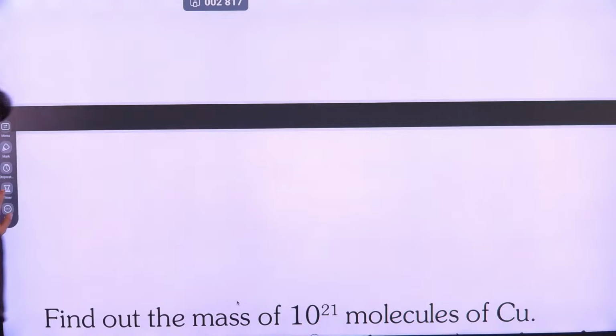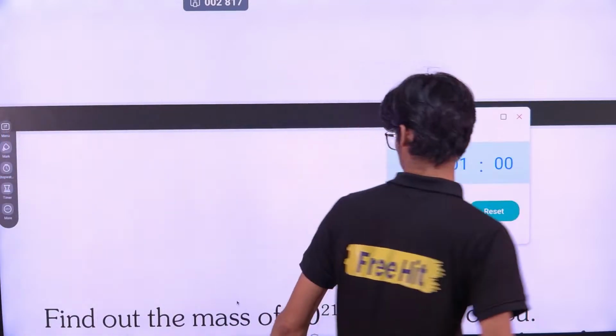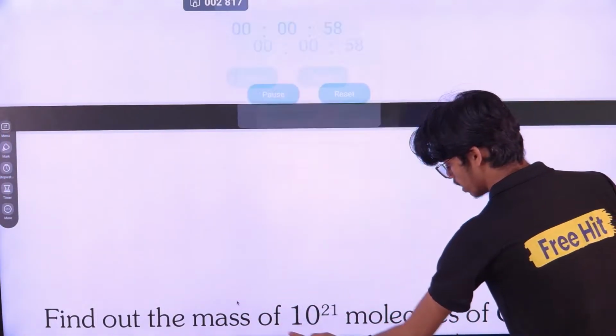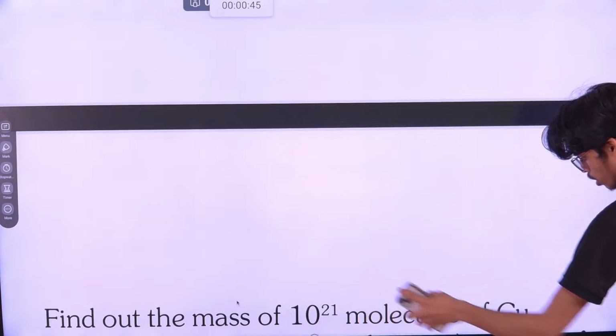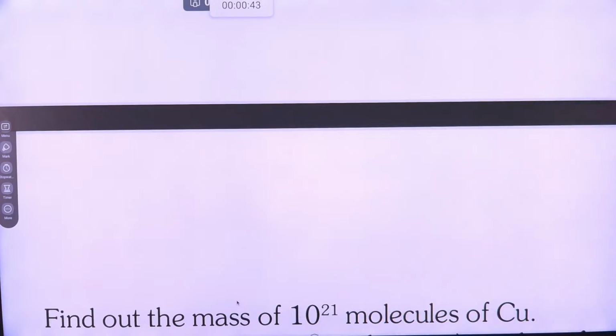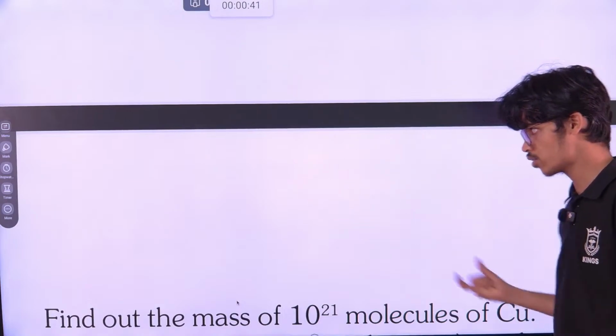Find out the mass of 10 to the power 21 molecules of Cu, copper. Priya Jyoti, answer it. The timer has started. You have to find mass. So first you have to find moles and then go through mass.